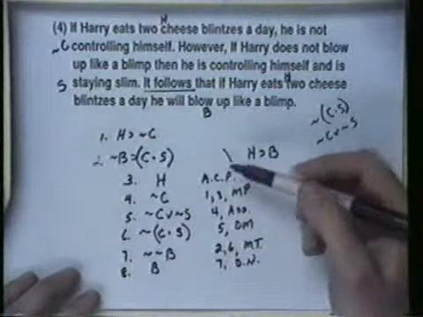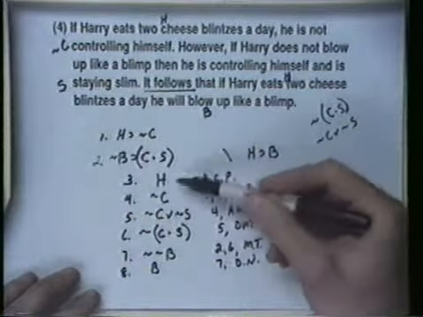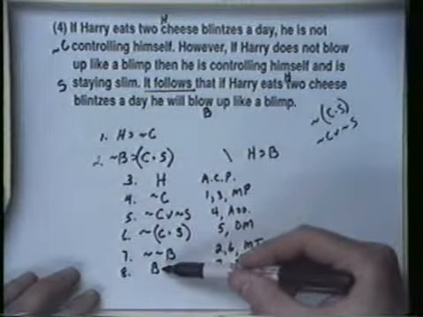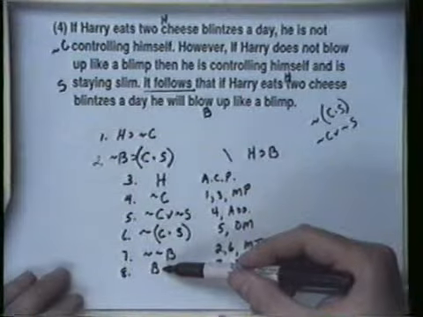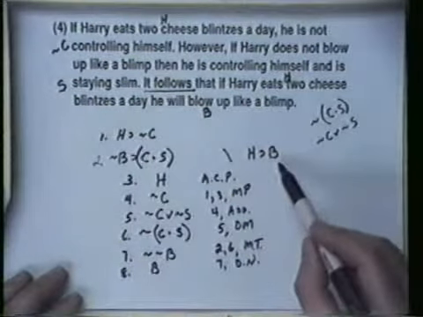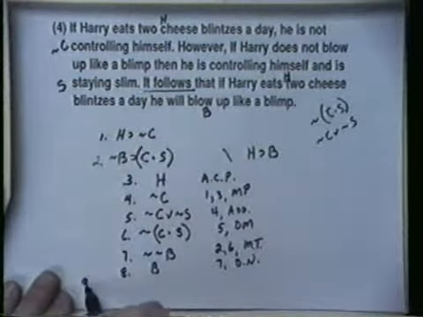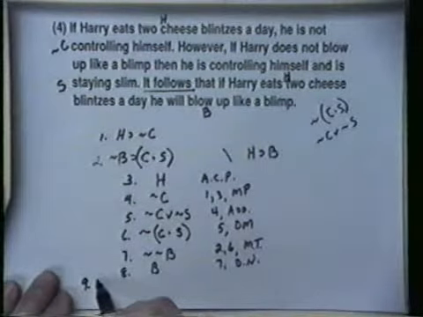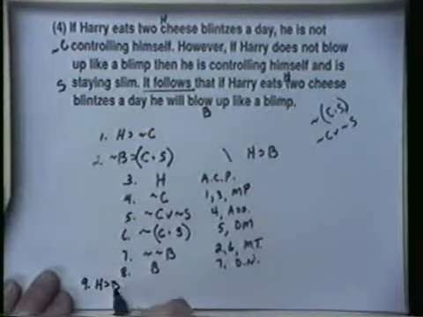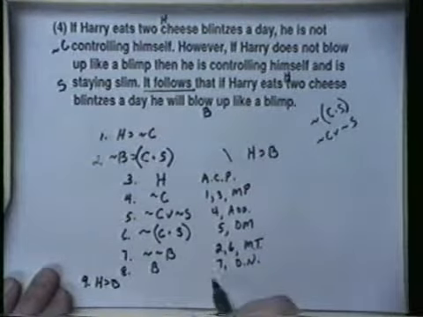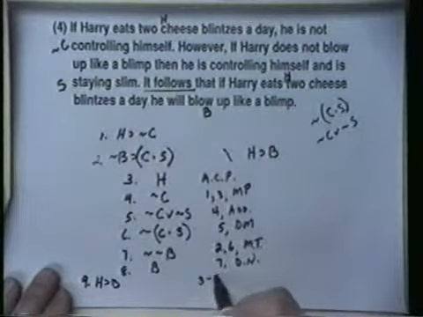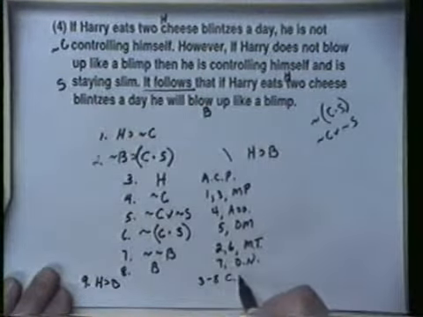And now we have ourselves a conditional proof that has begun with the assumption H, has gone down to conclude B. Therefore, we're allowed to discharge this point and get the answer that we want. H hooks B. And this will be justified by 3 through 8 conditional proof.